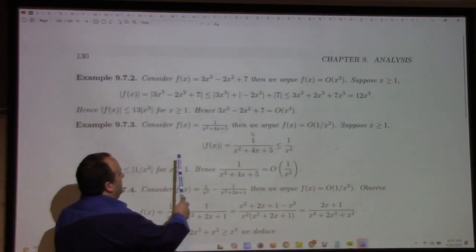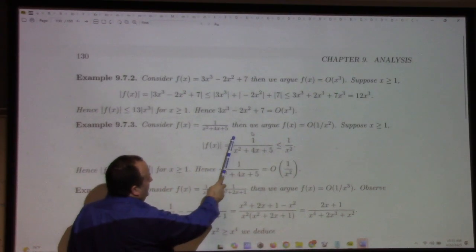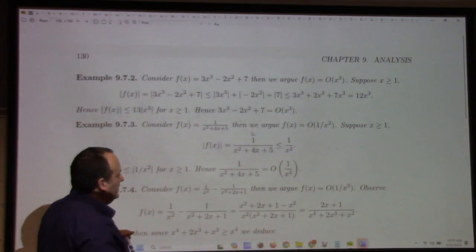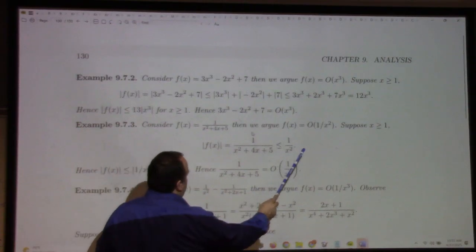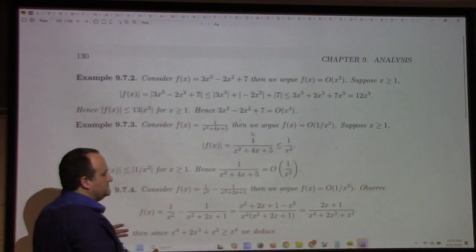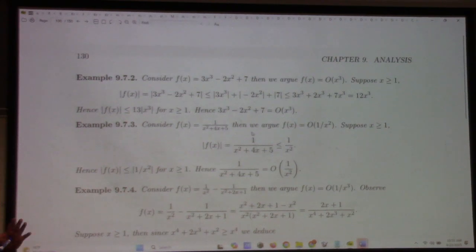Now here, this is a reciprocal, and I'm going to argue that it's order 1 over x squared. So if x is greater than or equal to 1, why is this true? What have I done? How can we make a fraction smaller?